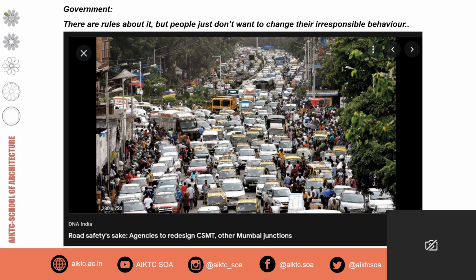And on the other hand, we have the government, the main stakeholder, talking about creating road safety by redesigning certain railway stations or junctions which cause this kind of chaotic environment within the city. The government says there are rules about it, but people just don't want to change their irresponsible behavior. So as we can see here, the three stakeholders are questioning the others without looking at themselves.